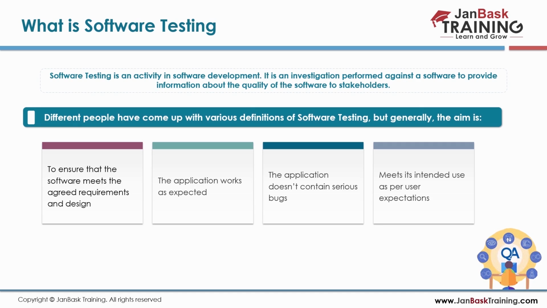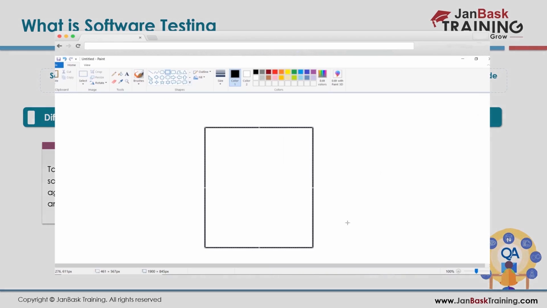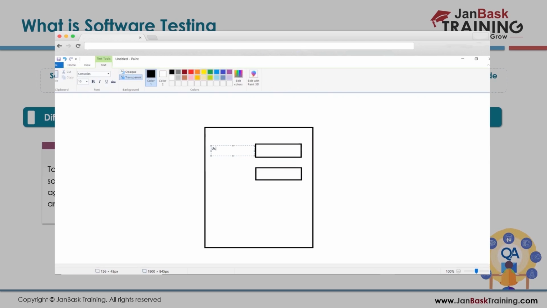Even if the application is working fine, for example, let me open a paint over here so that I can show you what I mean by user friendly. Let's say there is a form, and this form comprises a few fields, like this is your username field, and then this is your password. Let's say this is your login page.